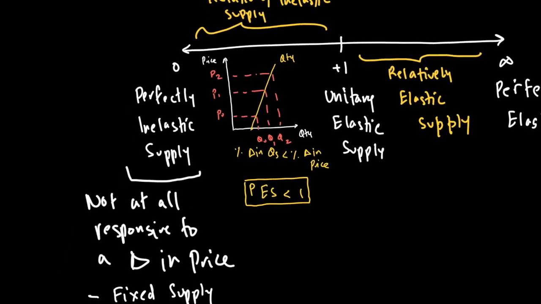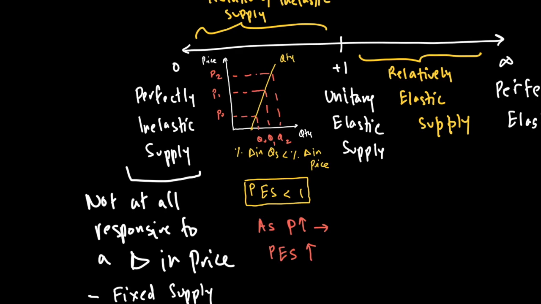So although PES is less than 1, as quantity or price rises, PES will rise. The good will become more and more responsive or elastic to a change in price, because as the price goes up, producers become more and more responsive to a change in price.